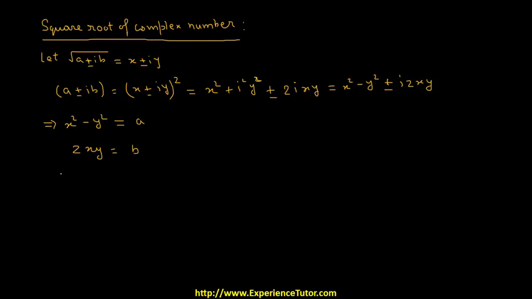Therefore, x square plus y square whole square is equal to, we can write, x square minus y square whole square plus 4x square y square, is equal to a square plus b square.